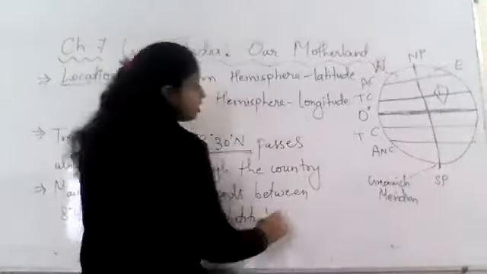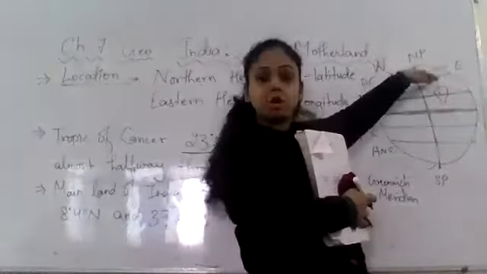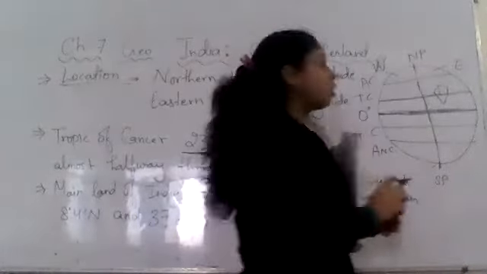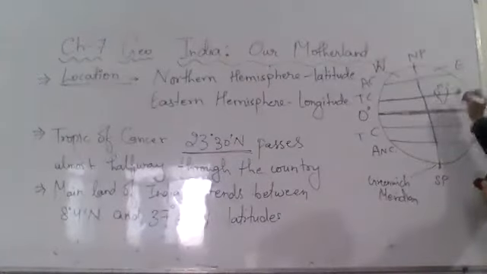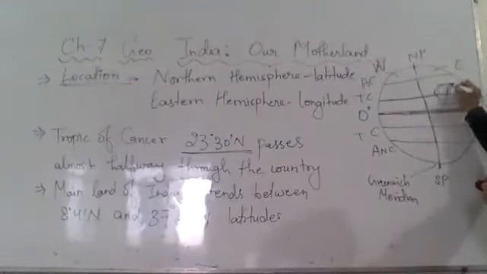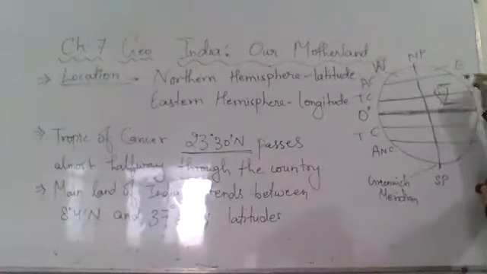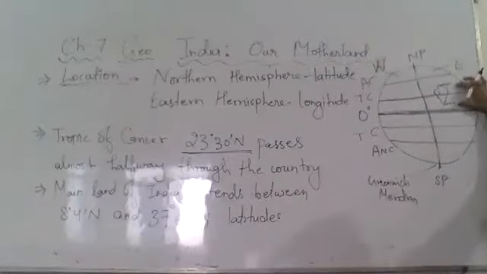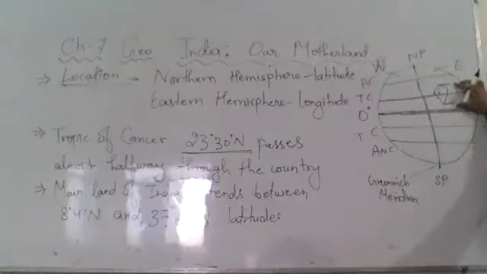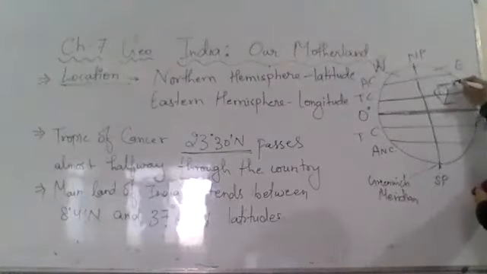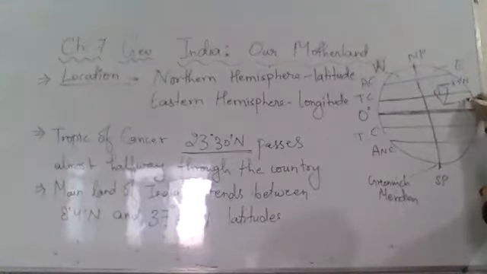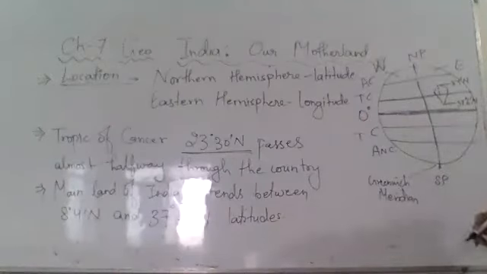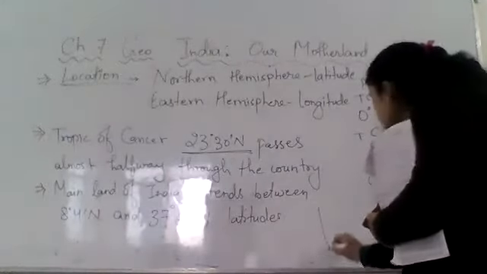So as we discussed, our country remains in the northern hemisphere. Okay, so what is the latitudinal location from top to bottom? Here you see this is 8 degree and 4 minutes north, and here it is 37 degree and 6 minutes north. Understood? So suppose this is India.